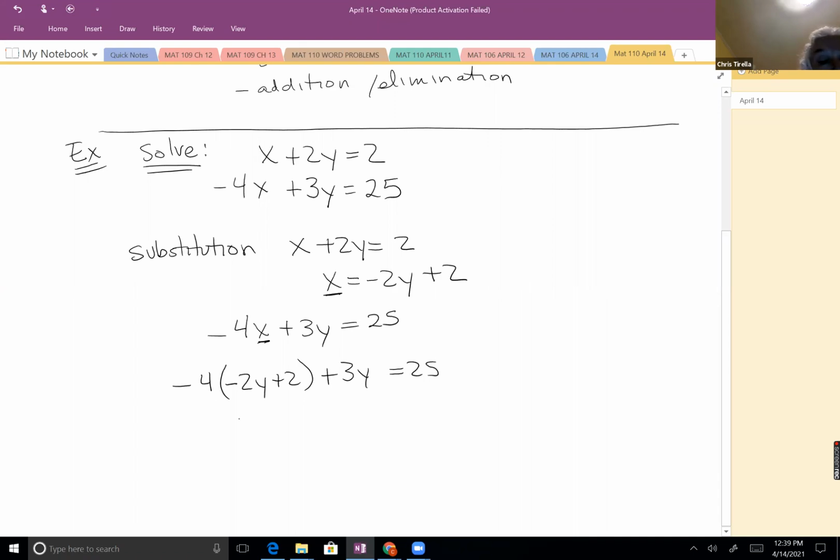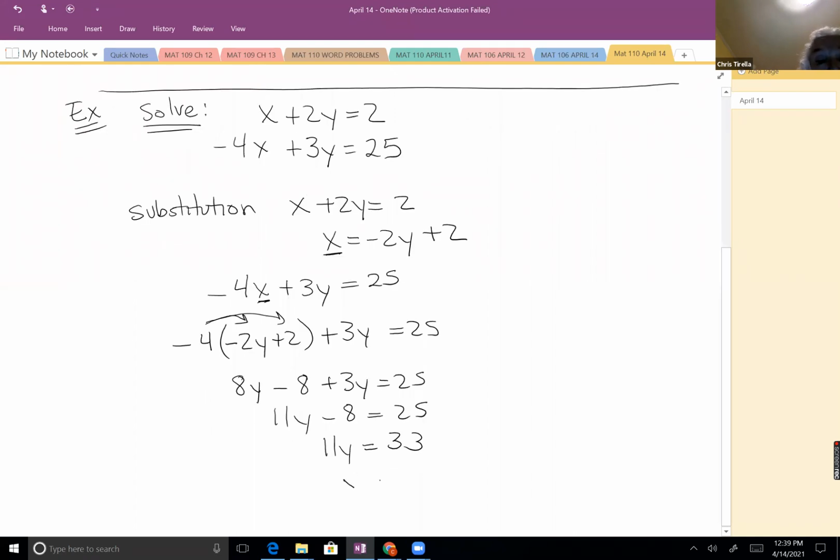Don't forget to distribute. That would give me 8y minus 8 plus 3y is 25. 11y minus 8 is 25. Adding the 8, we'd get 11y equals 33. And dividing by 11, we get y equals 3. Okay. Am I done?